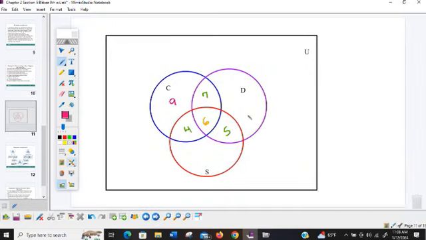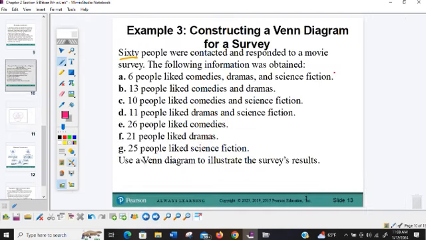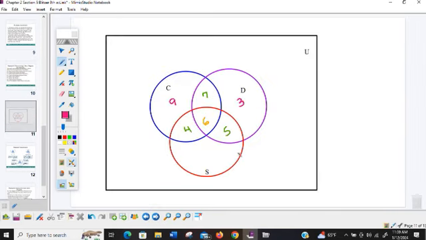I need the purple circle to have 21 in it. So far I have 18. I need 3 more. 25 people like science fiction. So I'm going to need the red circle to add to 25. Right now it adds to 15. I need 10 more.